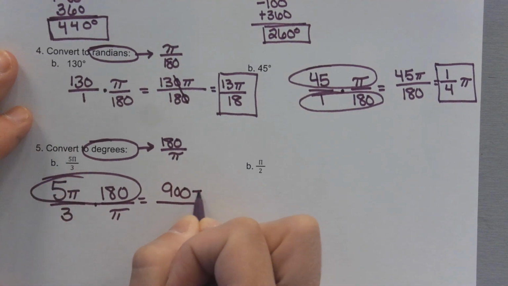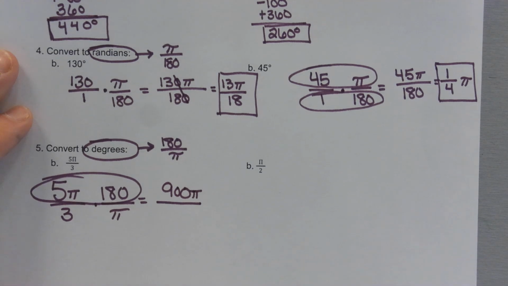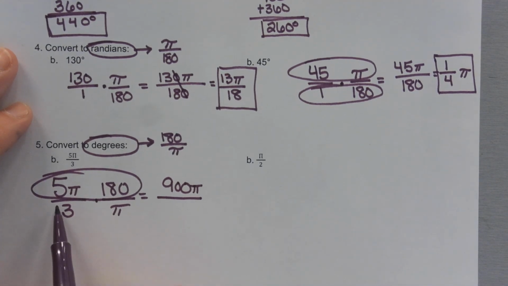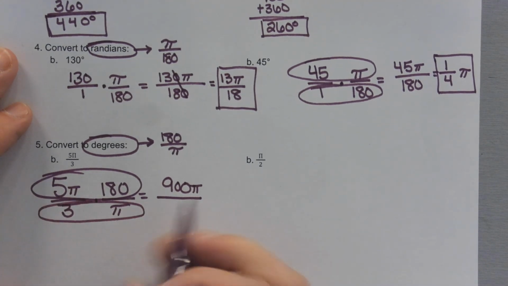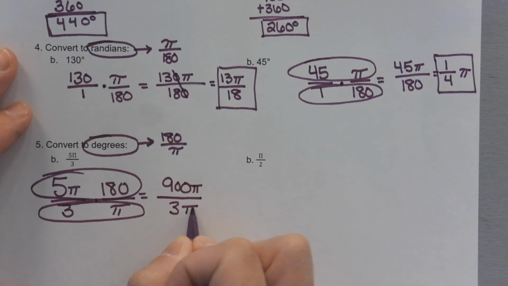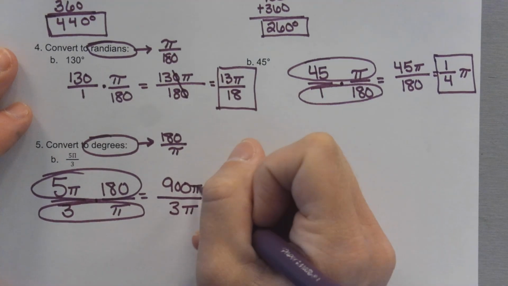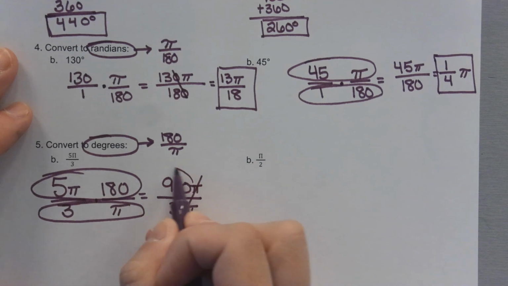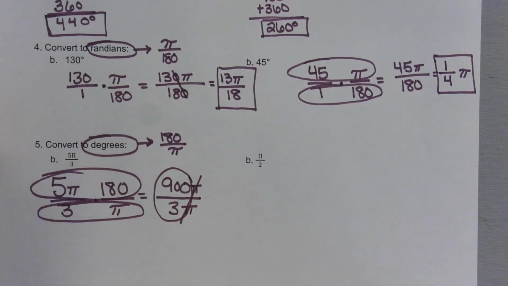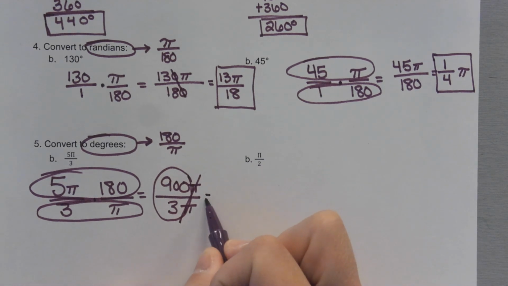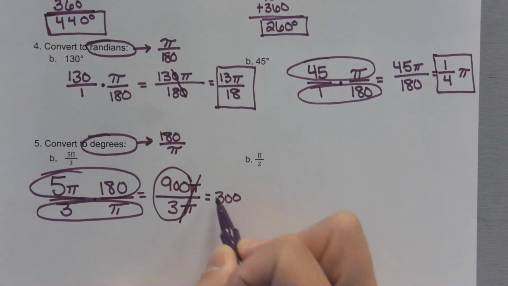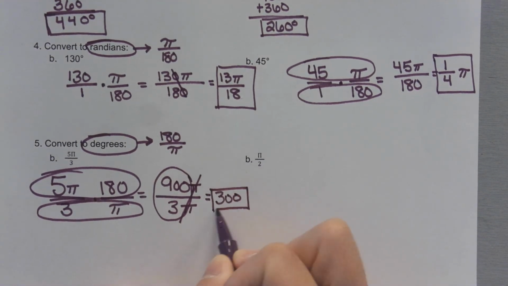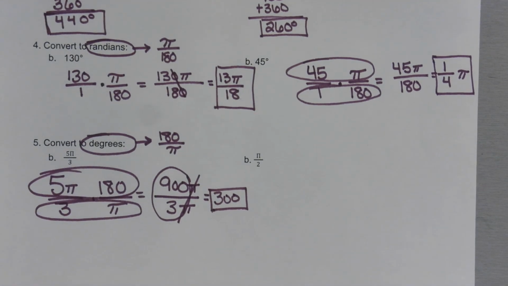And we also have that pi still, so we have 900 pi in the top. What's 3 times pi? 3 pi. What can I do with the pi's if there's one in top and bottom? Cancel them out. And so all I have left is 900 divided by 3. Do we know what that is? 300. And if you don't know it off the top of your head, you can always put it in your calculator.